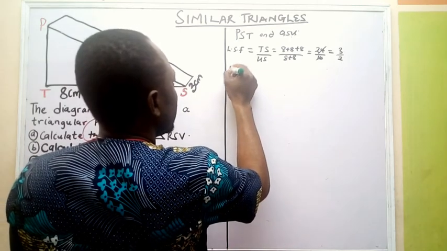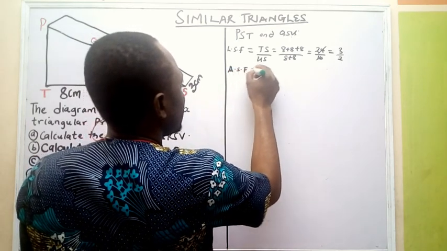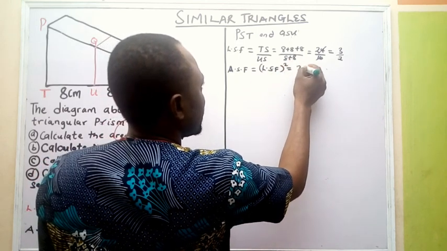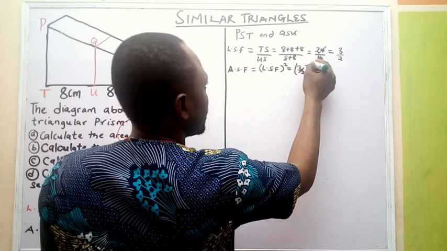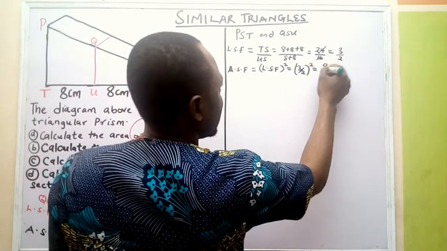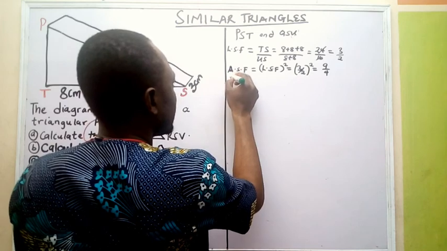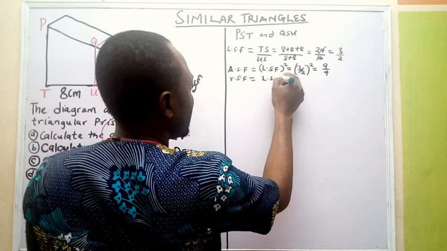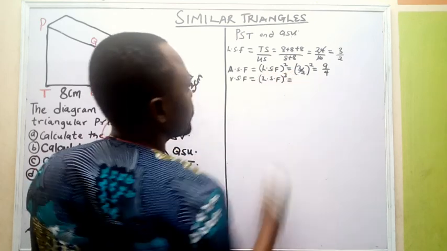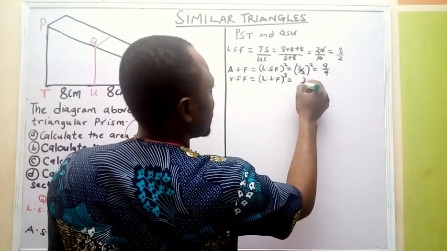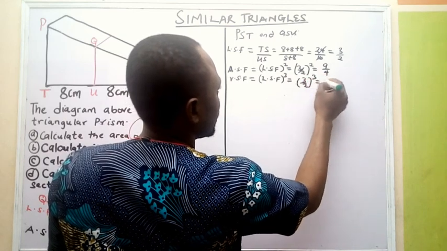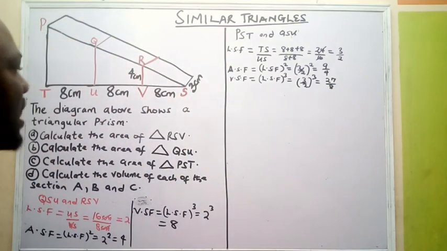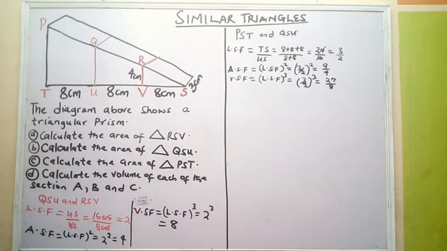To get the area scale factor, it will be the length scale factor squared, so 3 over 2 squared will be 9 over 4. For the volume scale factor, I'm going to do the LSF all cubed, which is 3 over 2 cubed, which is 27 over 8.